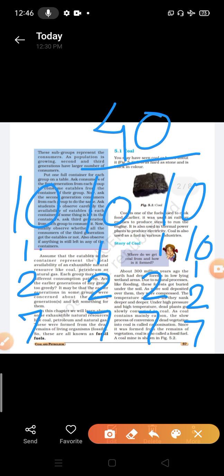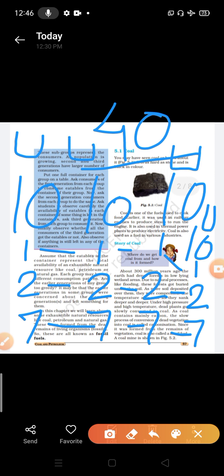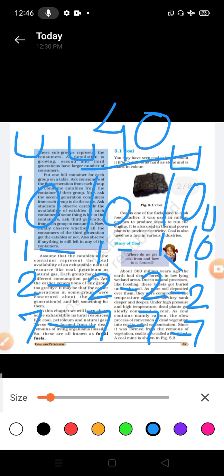This one is known as the first generation, 2 is the second generation, and 7 is the third generation. Now suppose I keep 4 containers in front of these groups, A, B, C and D, and these containers are filled with popcorn.